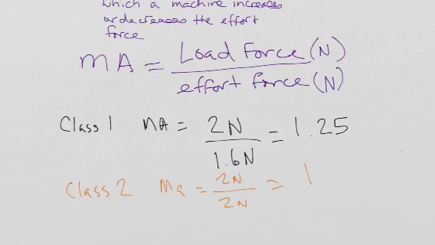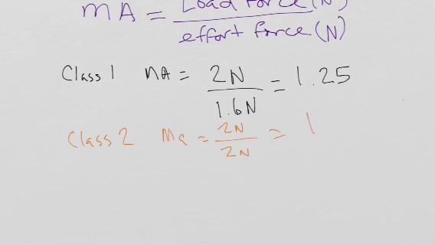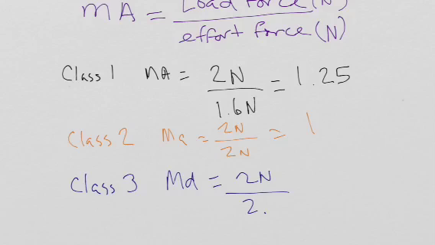That gives us 1. And then finally, the Class 3 lever, the mechanical advantage was equal to 2 newtons for the load divided by 2.9 newtons for the effort, which is 0.69 mechanical advantage.